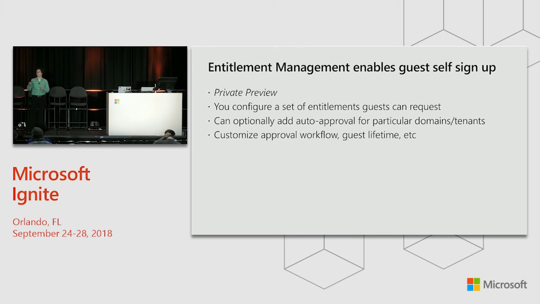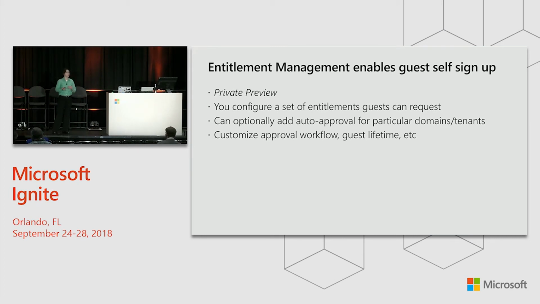And then you send a link to that entitlement over to your partner, and they can figure out who on their side needs to sign up through that link. You can also add workflow on the other side for the approval process and either have certain people or certain processes kick off when those people request access, or even for partners that you're really close to and you trust all the people on the other side, you can have automatic approval for a certain domain or a certain tenant.